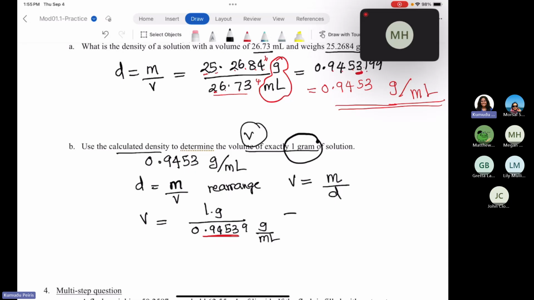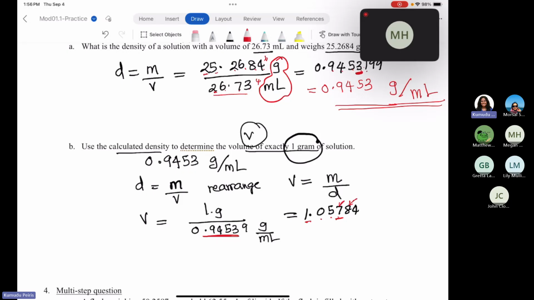When I plug this into the calculator, I got this value 1.05784, and we should give the answer with four significant figures: 1, 2, 3, 4 over here. So now look at the number after the 7. Yes, that is greater than 5.